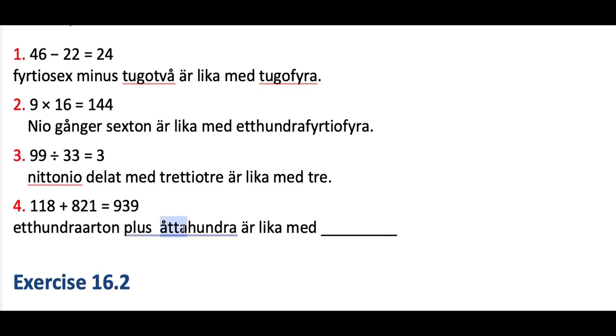Atundra shugiyat. Always pronounce twenty as shugi. Shugiyat. Likamid equal to Neo hundra tretionio. 30. Okay, so this is our small exercise.